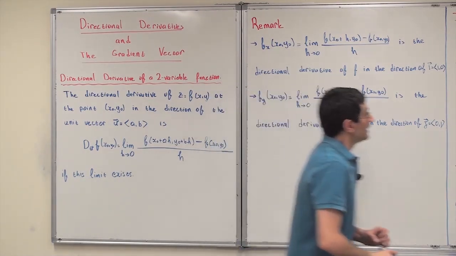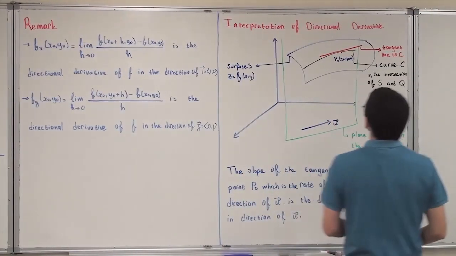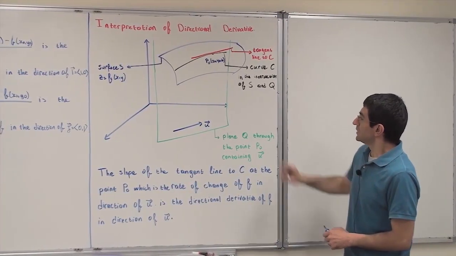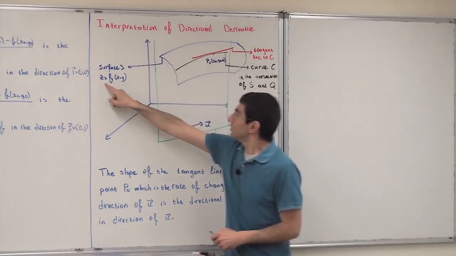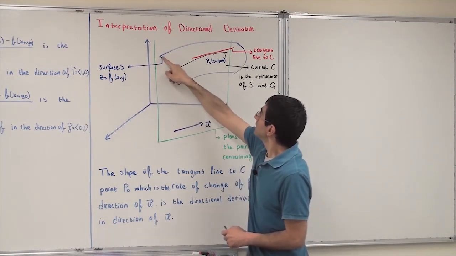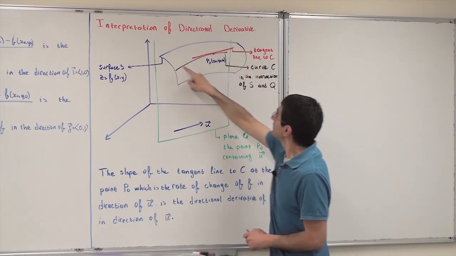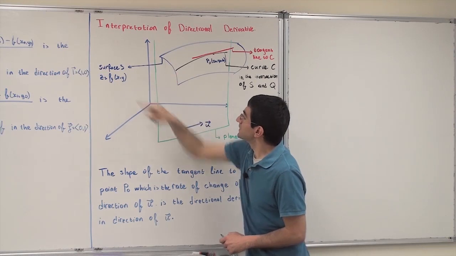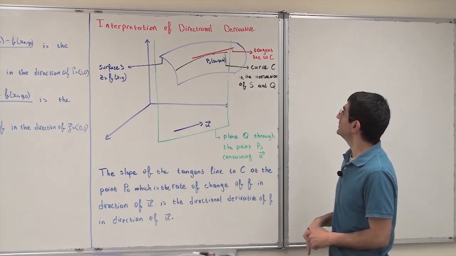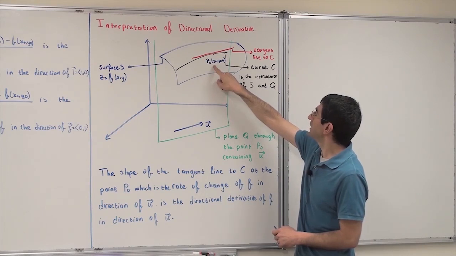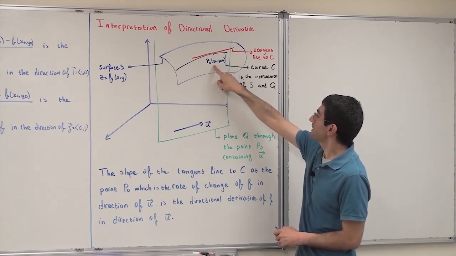Now, let me give an interpretation of the directional derivative. So, here we have a two-variable function. This blue surface is the graph of this two-variable function, and I mark my point P0 on this surface.